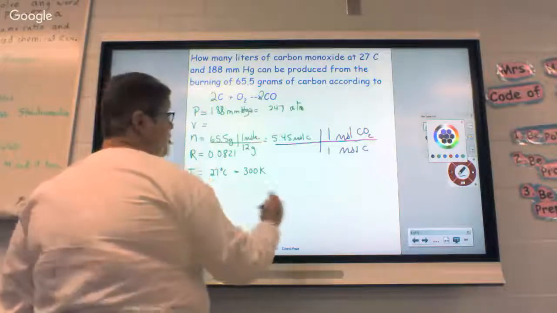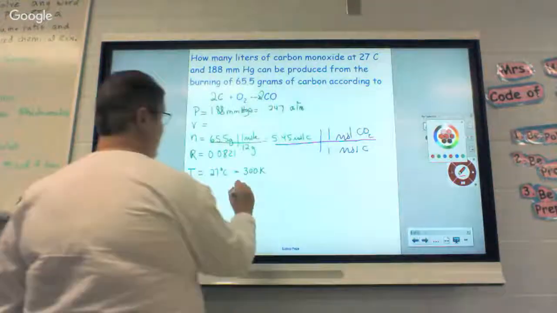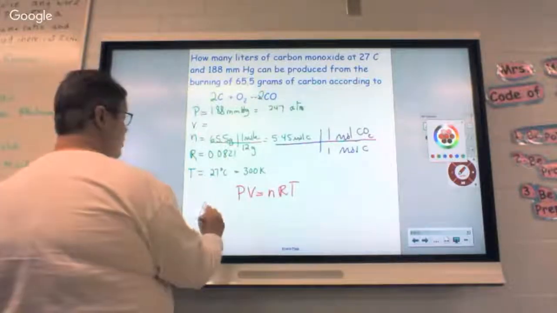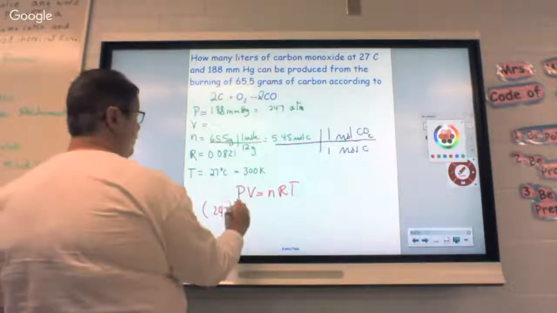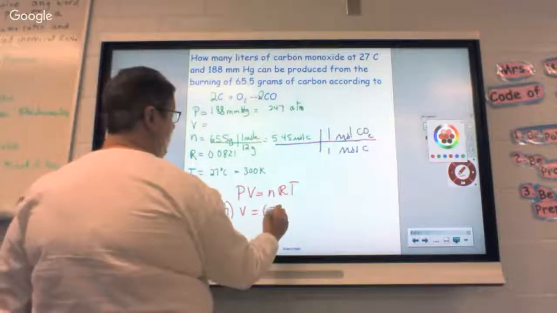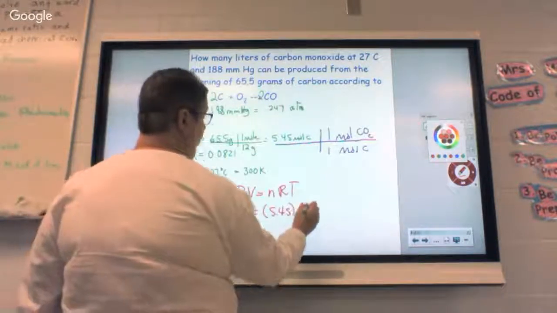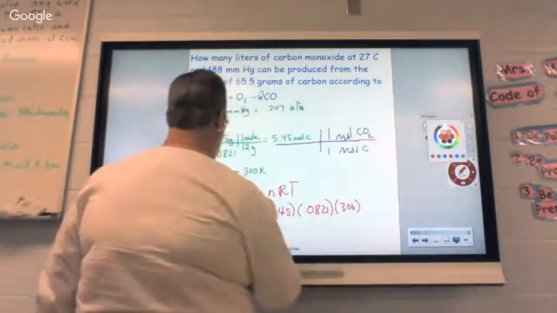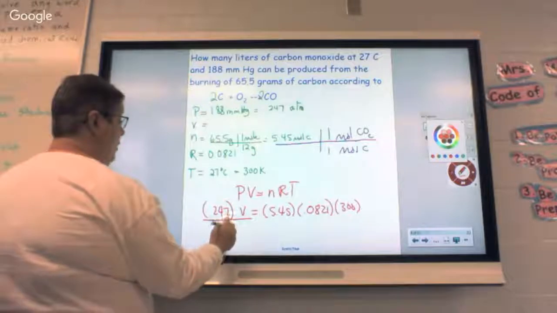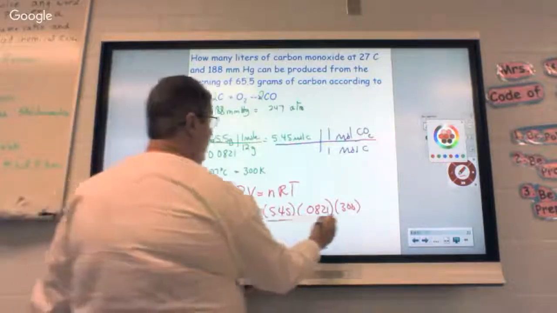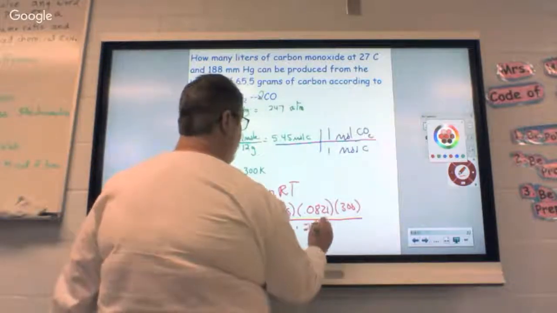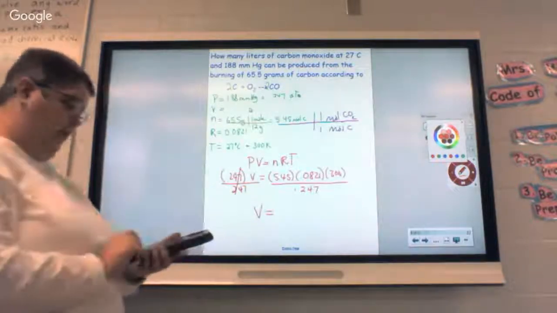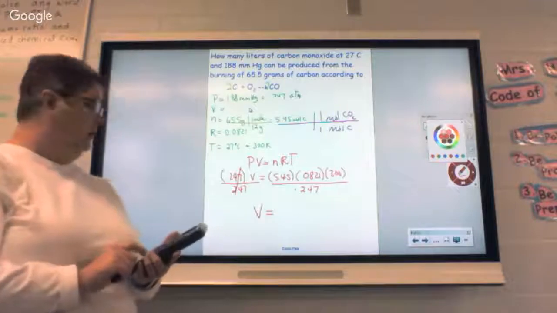Or you could choose to say PV equals nRT at this point, and plug in your 0.247, V we don't know, 5.45, 0.0821, and 300. Because you could get your change of the compounds done there, and then you wouldn't have to do volume again. It doesn't matter where you change the compound, you could choose to do it in either place.